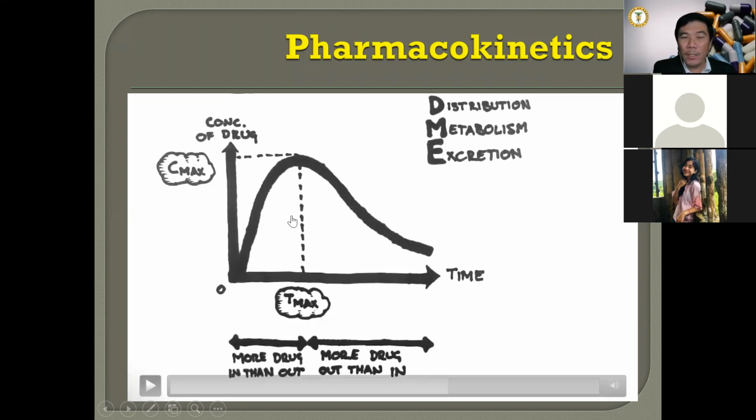It will be farther, or a longer time, compared to intravenous, because the oral route has its mechanism of absorption, while intravenous reaches the peak concentration level immediately because the drug already reaches the plasma. And thus, it also identifies the maximum time. Let us continue.